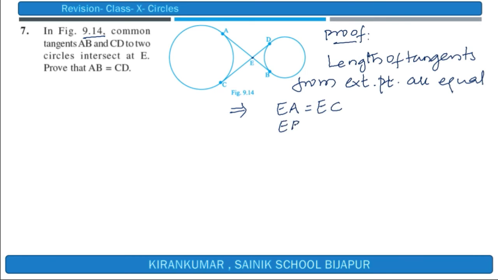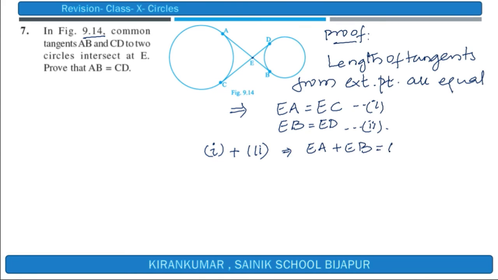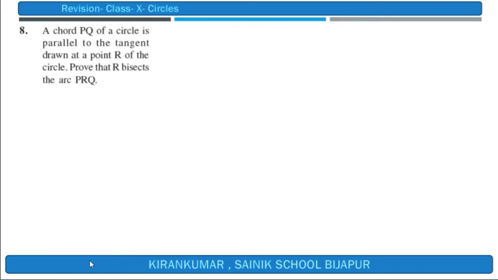Similarly, the length of EB will be equal to the length of ED. Let me name this as equation 1. Let this be equation 2. Let's add equation 1 with equation 2. What do we get? EA plus EB equal to the length of EC plus ED. EA plus EB is nothing but AB, which is equal to EC plus ED, which is nothing but CD. Hence proved.